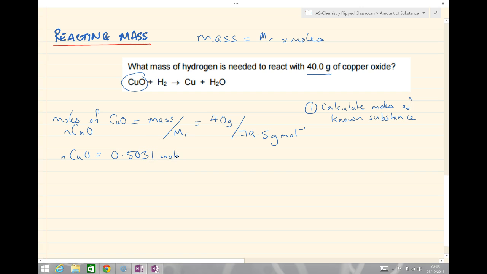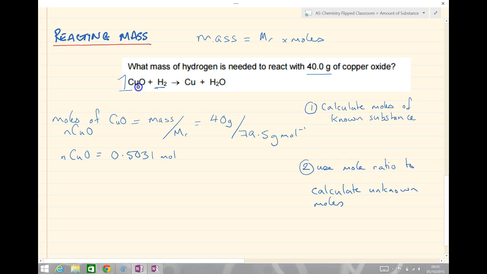So step 2 now is to use the mole ratio to calculate unknown moles. So if we look here, we're trying to find out about hydrogen, and we've not got any numbers.